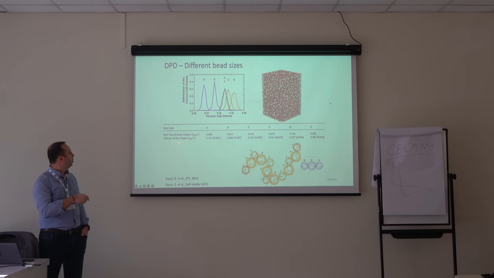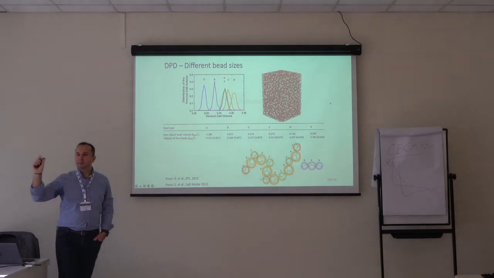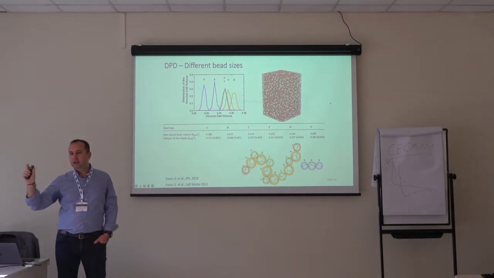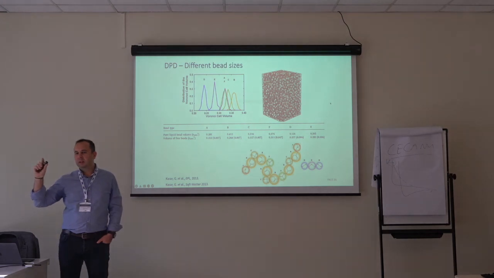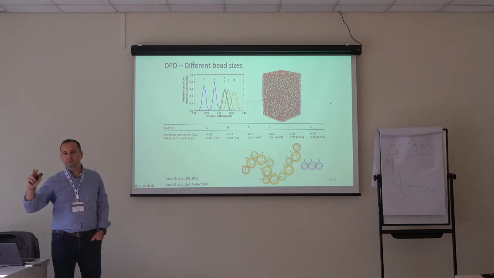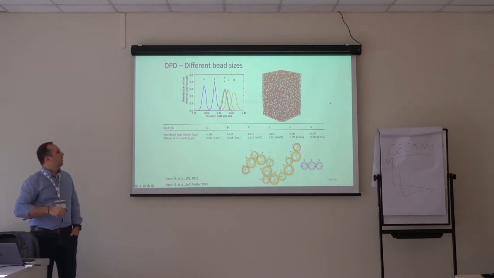I didn't put the experiment here, sorry, because there is also another table where we compare this data with the experimental data. This approach does reasonably well. Qualitatively and quantitatively we can verify that the volumes around beads match.